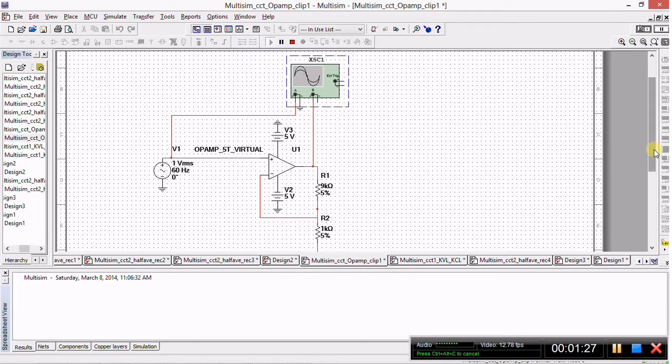What we have here today is the non-inverting type, meaning that the input we place will be amplified and not be inverted. So let's hook up this circuit and see how it works.